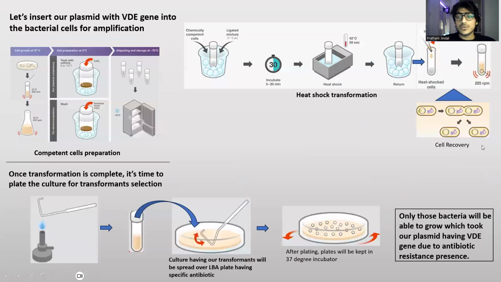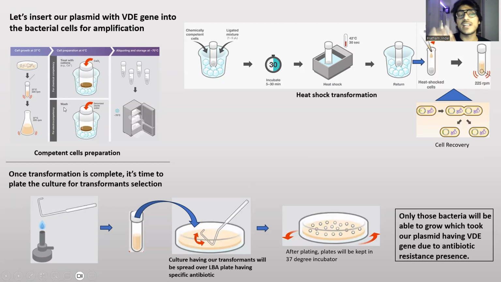During the BP reaction, we are not sure whether all the plasmids had our insert or not. For example, out of 100, just 10 plasmids may have got recombination. So we need to amplify the plasmid having our product. For that we use competent cells.